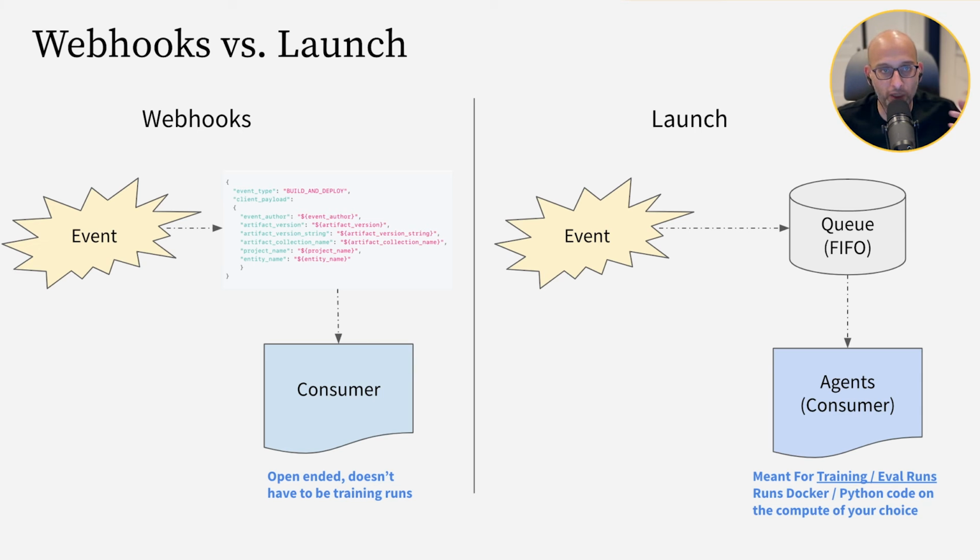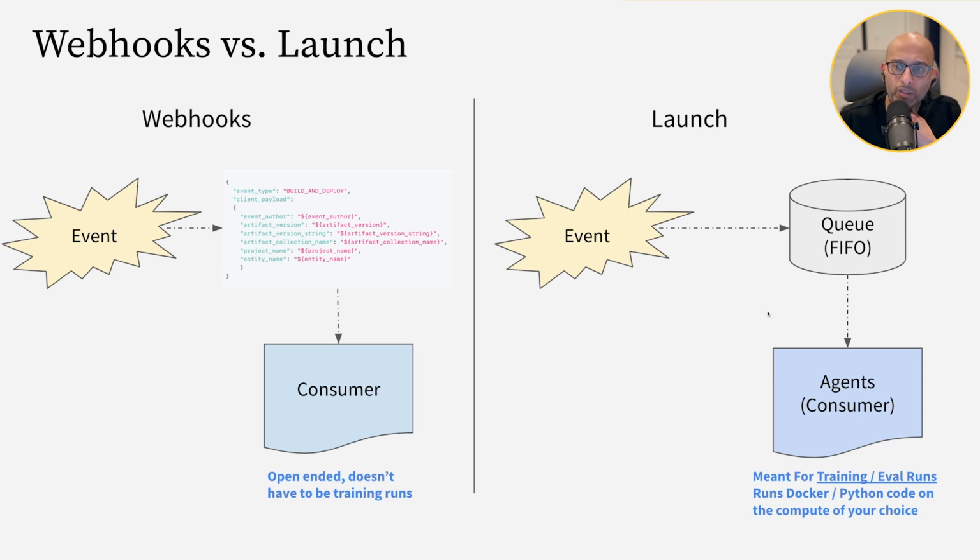So it's a different kind of consumer. It's constantly polling the queue, and it's grabbing things from the queue. So you don't have to manage the queue. Things can get pushed into the queue, and agents can pull from the queue, and that's very convenient.